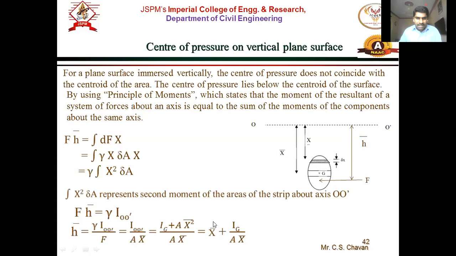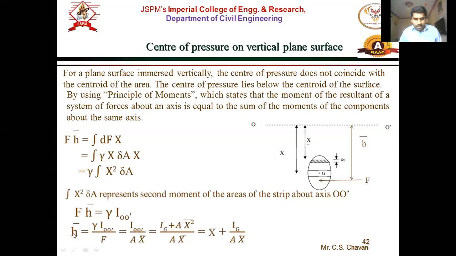So in this expression you can see that it is x bar plus this, right? So always the h bar lies below the centroid, below the x bar, remember. Therefore the expression is x bar plus something, that is Ig upon A x bar. So this will give you the center of pressure. H bar is equal to x bar plus Ig upon A x bar.